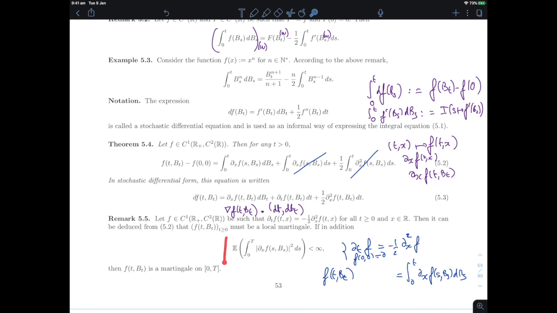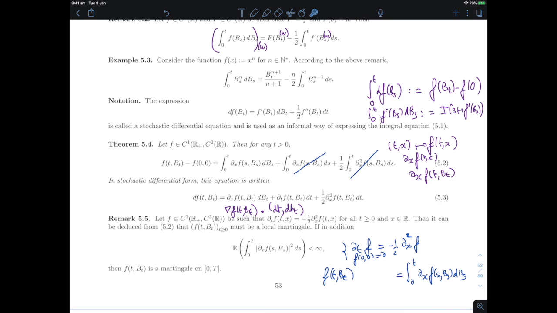But if you have this condition, right? So what you're integrating happens to be an H2 process, then f of (t, Bt) is equal to the Ito integral of an H2 process. And we've shown that any Ito integral of any H2 process has to be a martingale. So this is a very helpful way to check that something is a martingale, some function of time and the Brownian.